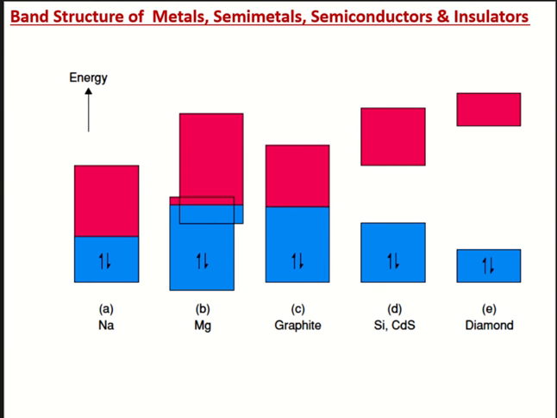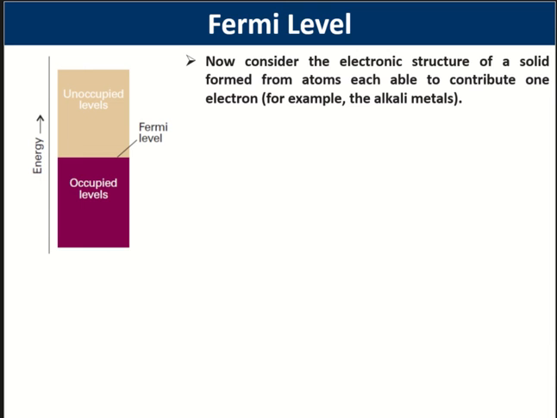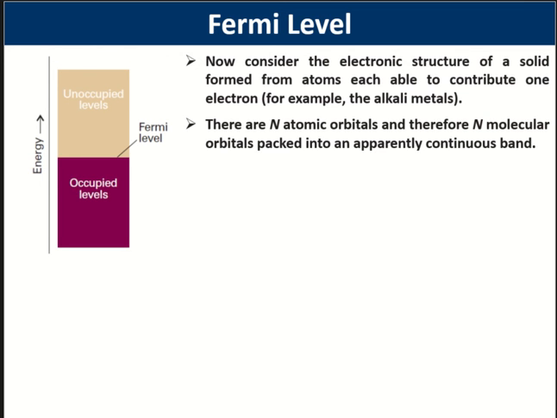So in metals, the top of the filled band, if this is a partially filled band, then the point where the top of the filled level is called the Fermi level. So in this case, typically in alkali metals, the Fermi level is, so occupied levels, unoccupied levels, the top of these occupied levels is the Fermi level.